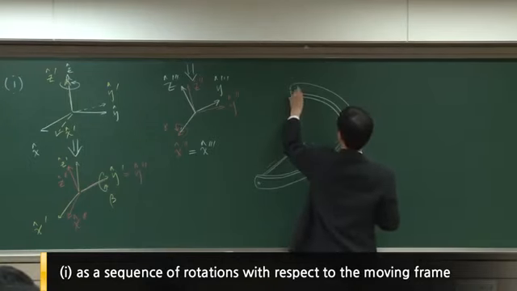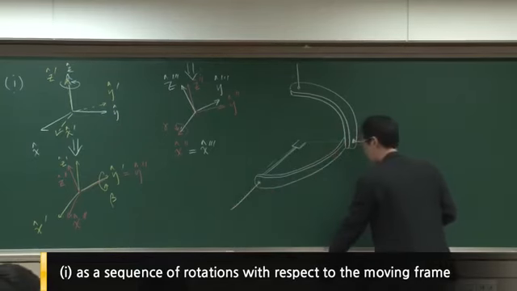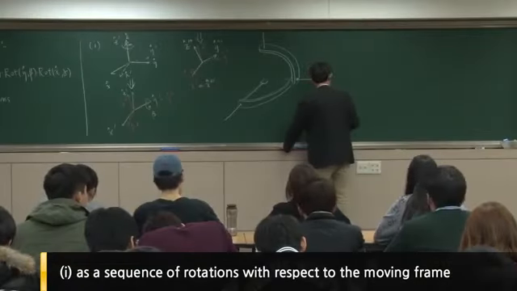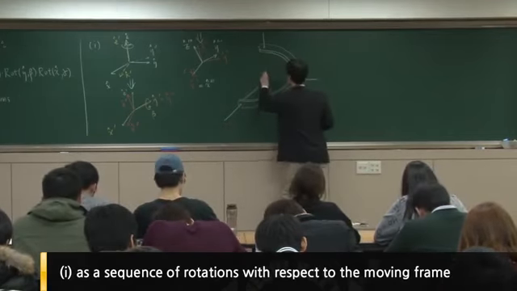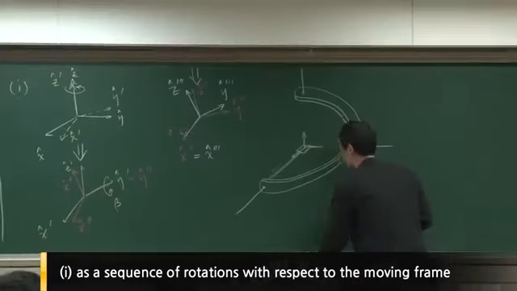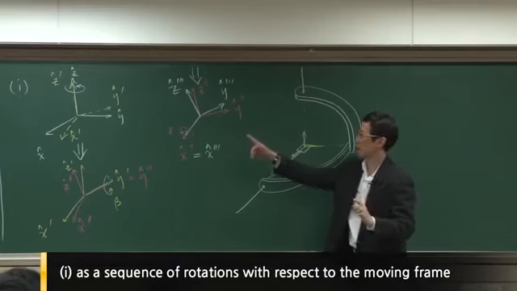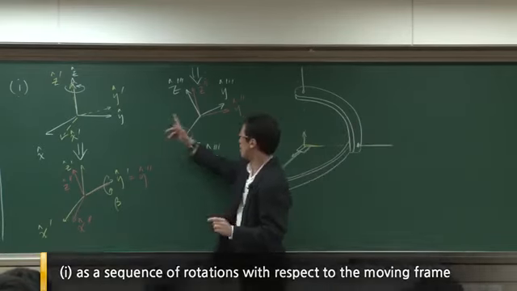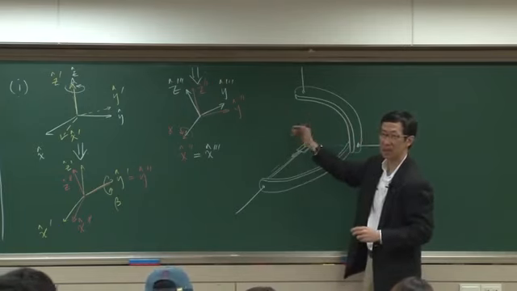Let's draw the effector frame here. There's the tool frame. Let's do this. So let's rotate around the z-axis by alpha.